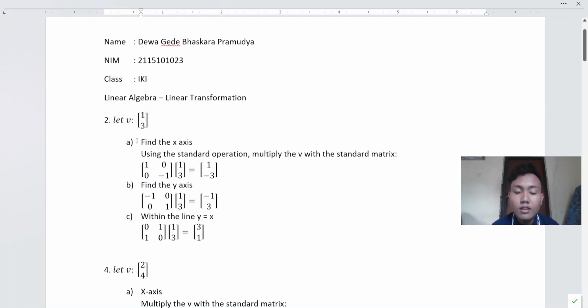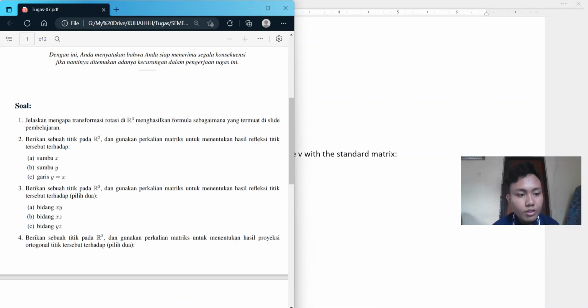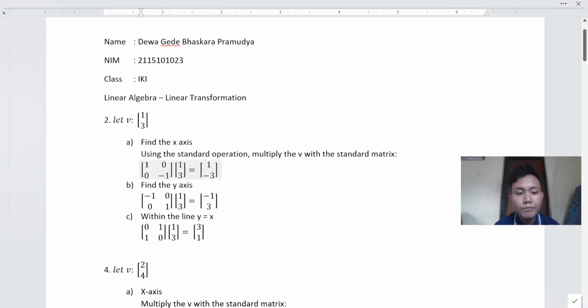To find the reflection across the x-axis, we use the standard operation, that is, multiplying v, which is (1, 3), by the standard matrix. The standard matrix for this reflection is [1, 0; 0, -1]. Multiplying: 1 times 1 is 1, 0 times 3 is 0, 0 times 1 is 0, and -1 times 3 is -3.